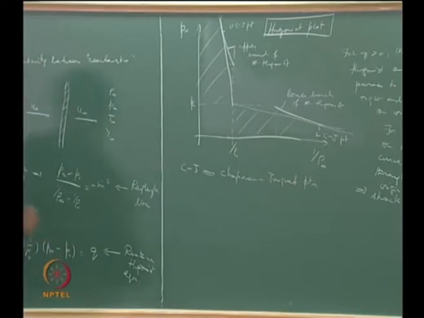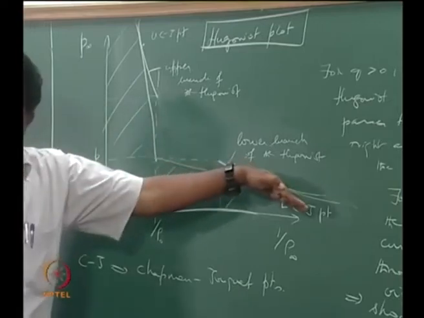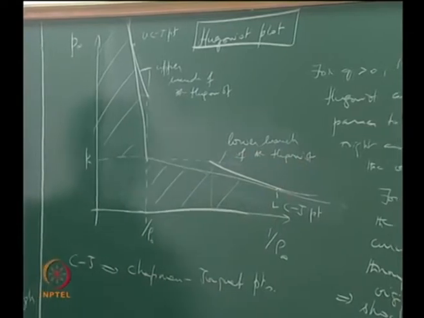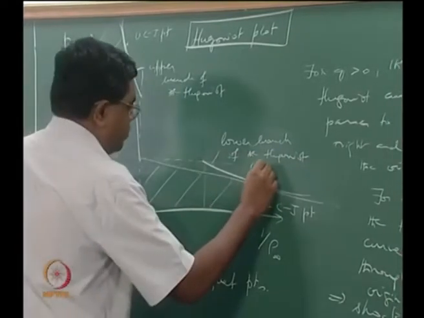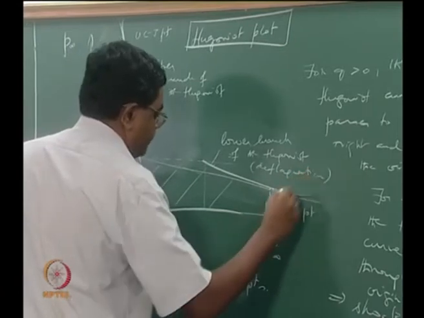So the LCJ indicates the highest velocity of what's called deflagration waves. So the lower branch corresponds to what is now called deflagration, right.